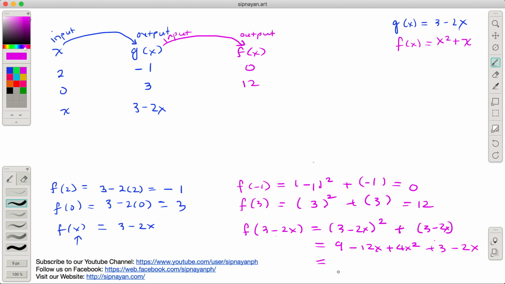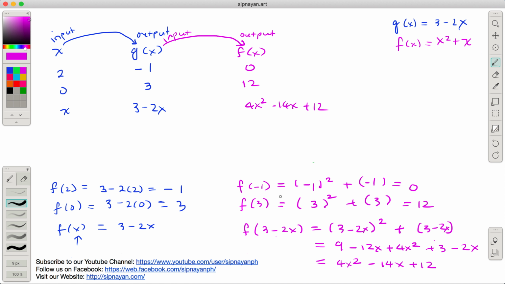Unahin ko itong mas mataas yung exponent, so 4x squared. And then I have a minus 12x and a minus 2x, meaning I have a minus 14x. And then I have a plus 9 and a plus 3, which means that I have a plus 12. So pag ito yung input ko, 3 minus 2x, my output is 4x squared minus 14x plus 12.